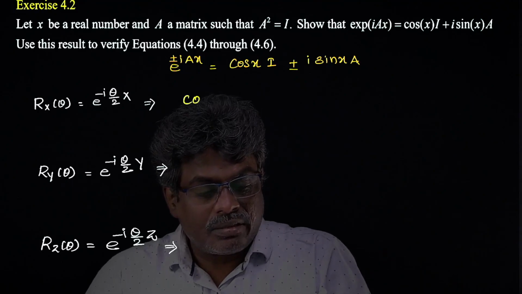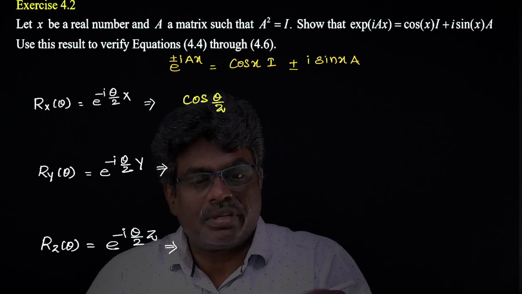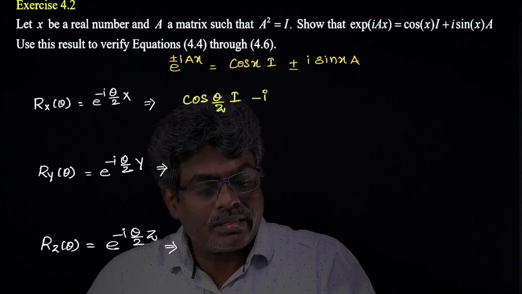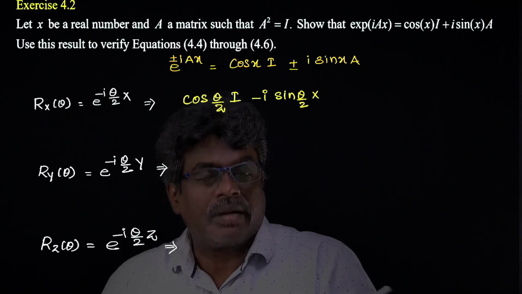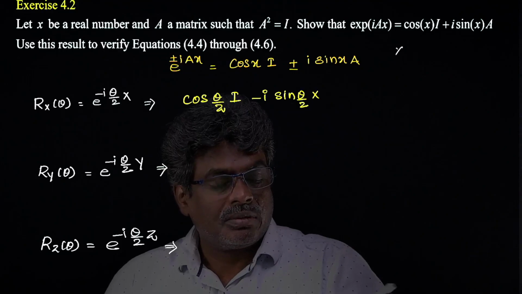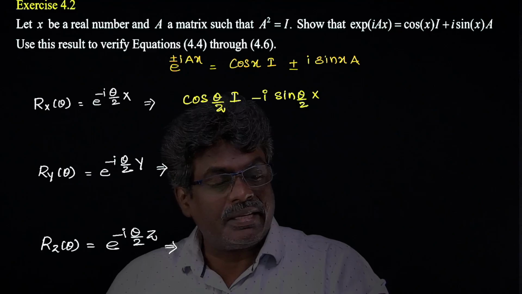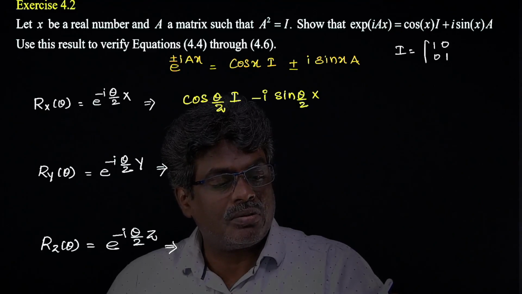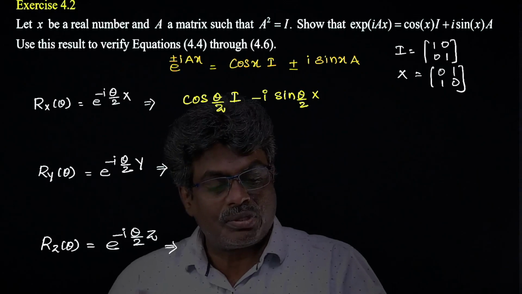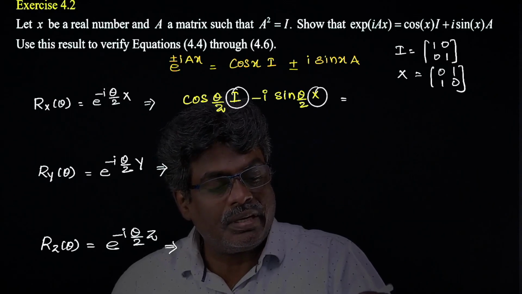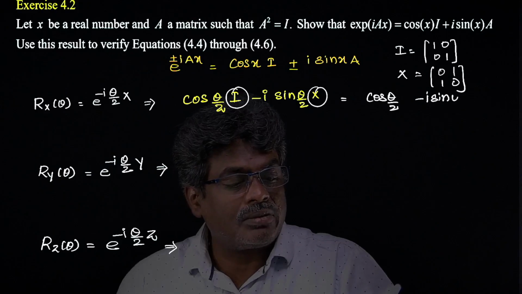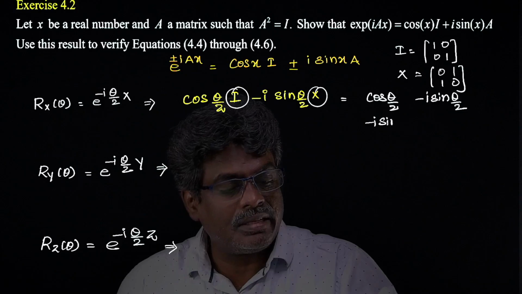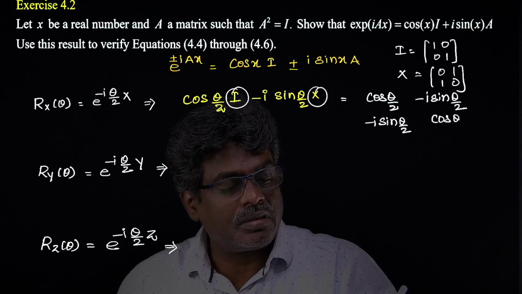So this can be written as cos theta by 2 I minus i sin theta by 2 into A. In the place of x we have theta by 2, and in the place of A we have the Pauli spin matrix X. If I substitute the identity matrix, which is 1 0 0 1, and the Pauli X matrix 0 1 1 0, then you will get cos theta by 2 and minus i sin theta by 2, and here also minus i sin theta by 2, and this one cos theta by 2.